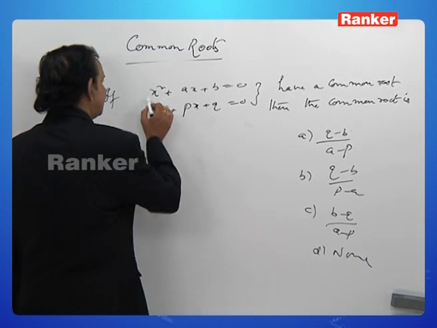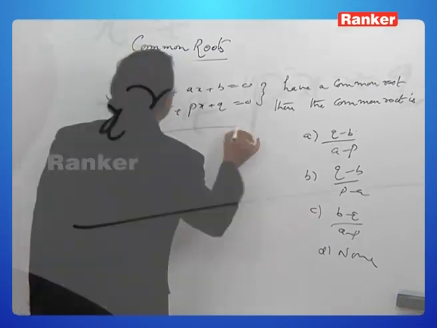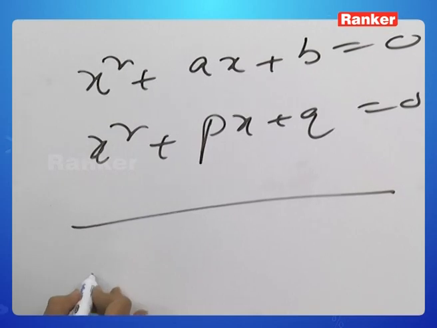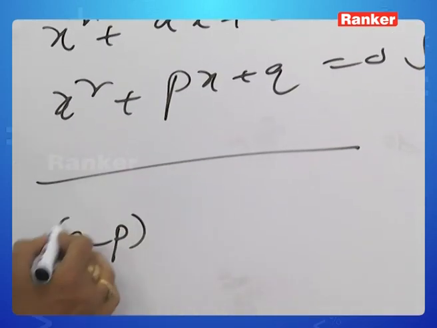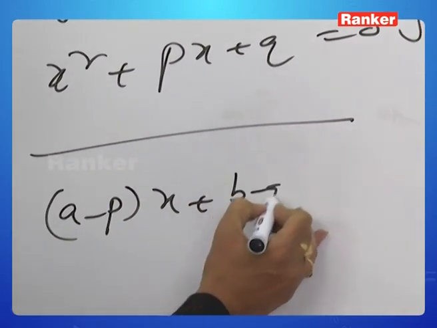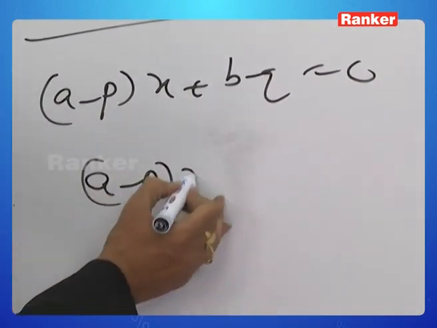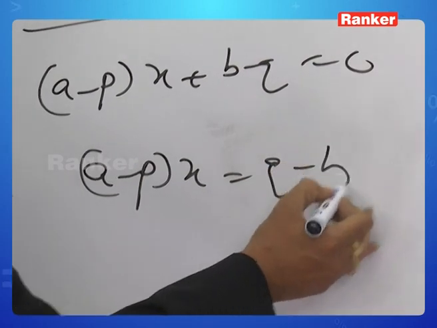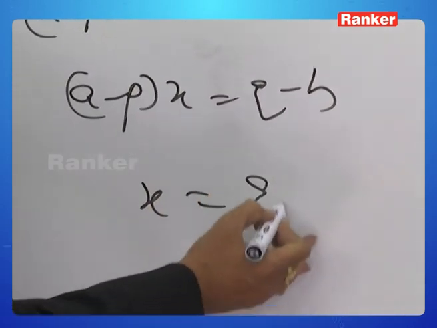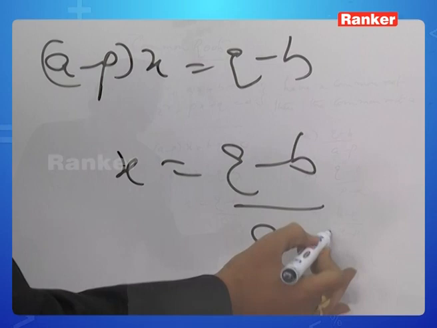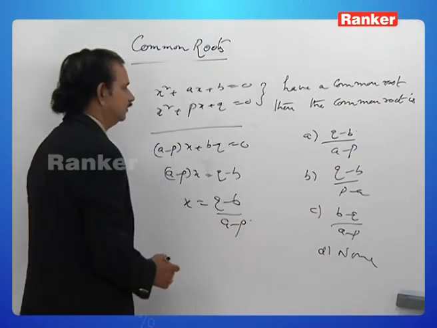As the coefficient of x square is the same here, let us subtract. What is going to happen? A minus p into x plus b minus q is equal to 0. So a minus p into x is equal to q minus b. That is, x is equal to q minus b by a minus p, which gives the correct answer.